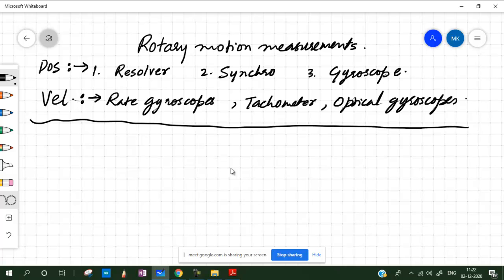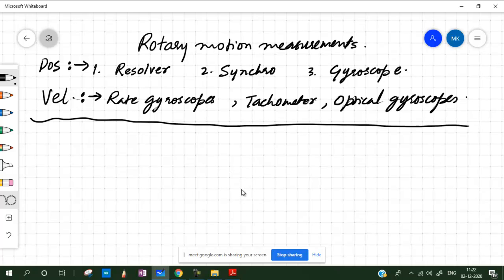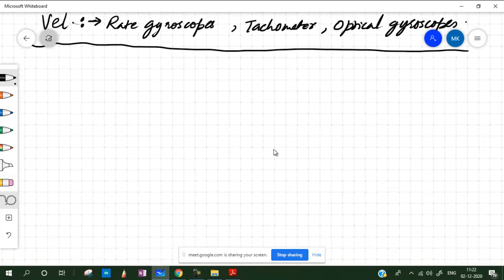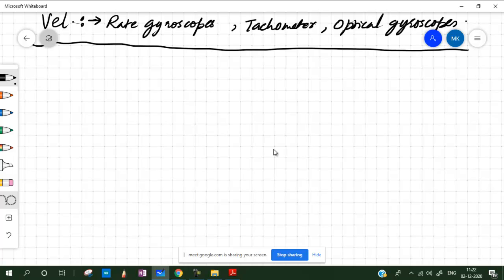We do have several options available for rotary motion other than the resolver, synchro, and the gyroscopes. We have a number of such displacement transducers, and we can list them first here.